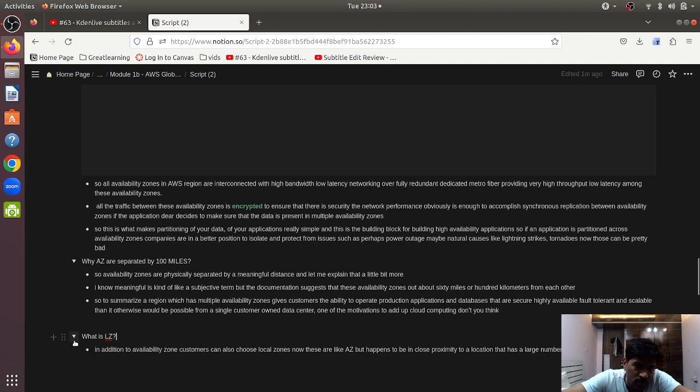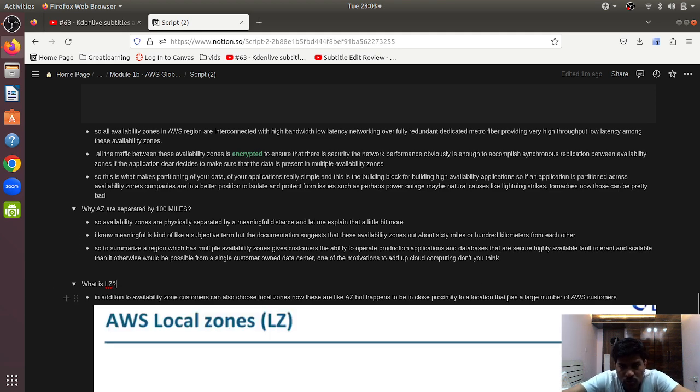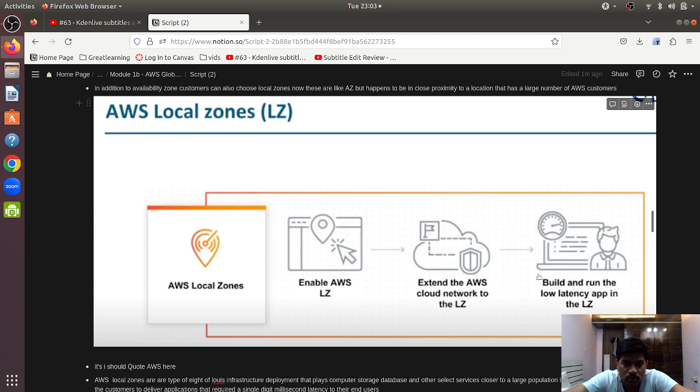In addition to availability zones, customers can also choose Local Zones. Now these are like AZs, but happen to be in close proximity to a location that has a large number of AWS customers.